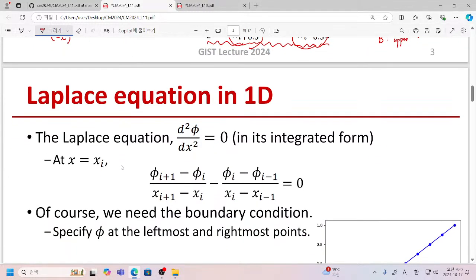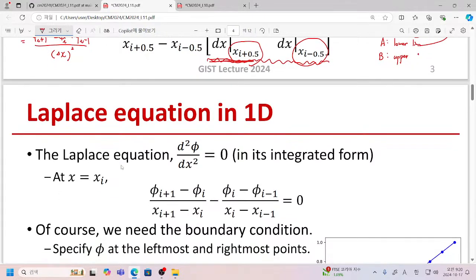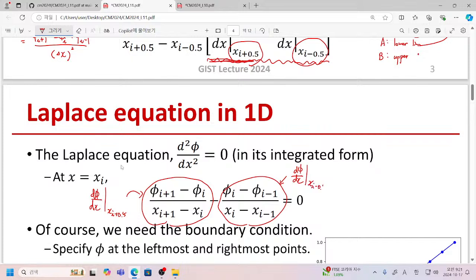So then, how can we actually evaluate this one once again? Now we need the first derivative evaluated at the midpoint once again, but there is no limitation about uniform spacing. In this case, we can just once again approximate our first derivative at the midpoint with this finite difference, and this is an approximated form of d phi over dx evaluated at another midpoint corresponding to a lower limit.